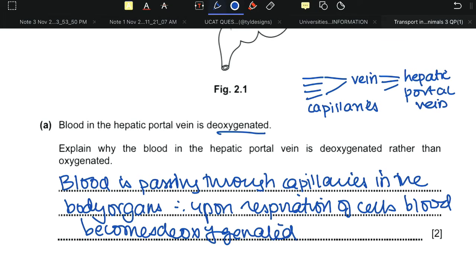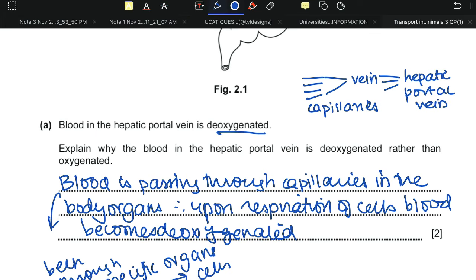Upon the respiration of cells, the blood that passes through the capillaries becomes deoxygenated, right? Because it has been through a specific organ. So the cells in that organ would have lost oxygen, or would have respired, right?